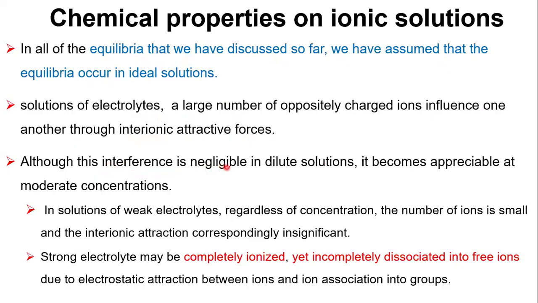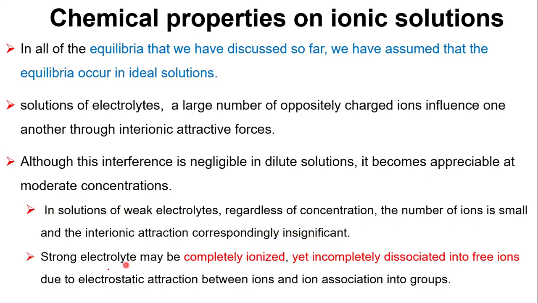Although this interference is negligible in dilute solution, it becomes appreciable at moderate concentration. In solutions of weak electrolytes, regardless of concentration, the number of ions is small and the interionic attraction correspondingly insignificant.